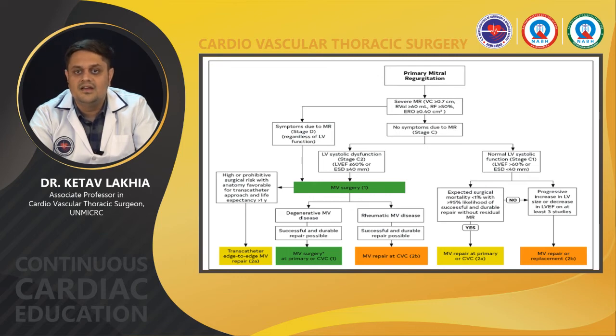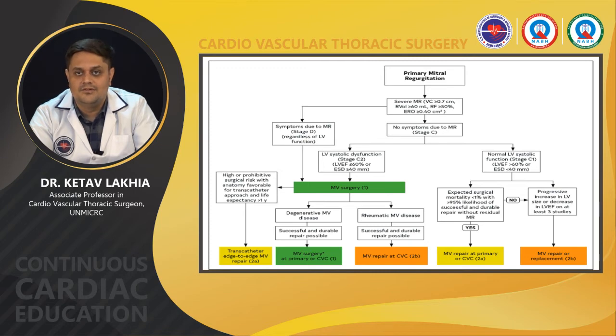In case the etiology is rheumatic mitral valve disease, then MV repair should be performed at a specialized center, but it is a class 2B indication. However, in rheumatic mitral valve disease, if the valve is not repairable, then it is better to go for mitral valve replacement.